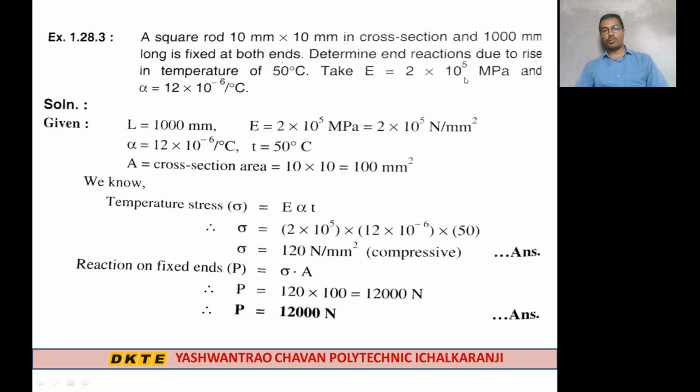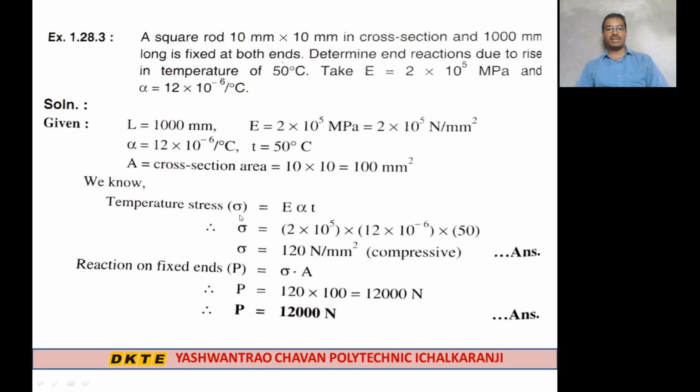Take E is equal to 2 into 10 raised to 5 megapascal, and alpha is equal to 12 into 10 raised to minus 6 per degree centigrade. L is equal to length 1000 millimeter. E is given; MPa is directly Newton per millimeter square. Alpha is equal to 12 into 10 raised to minus 6 per degree centigrade, and T is equal to 50 degree centigrade. A is cross section 10 by 10, 100 millimeter square.